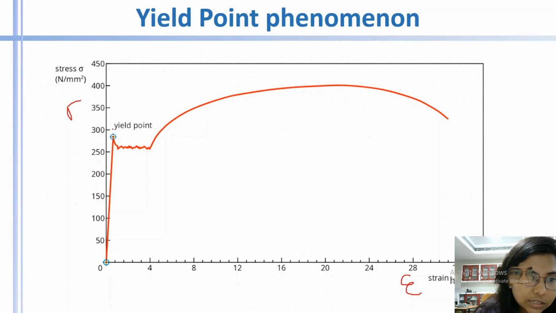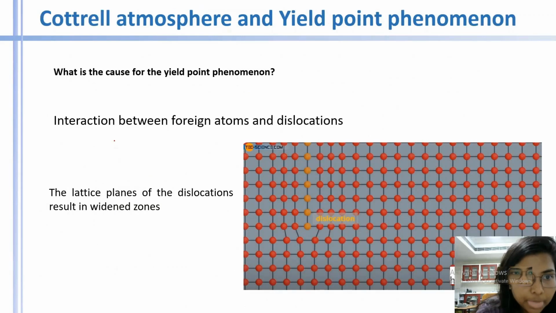This part is the elastic region. Then from here to here we see the zigzag part in the curve. From here there is plastic. So what is this point here? Okay, so this is the yield point.